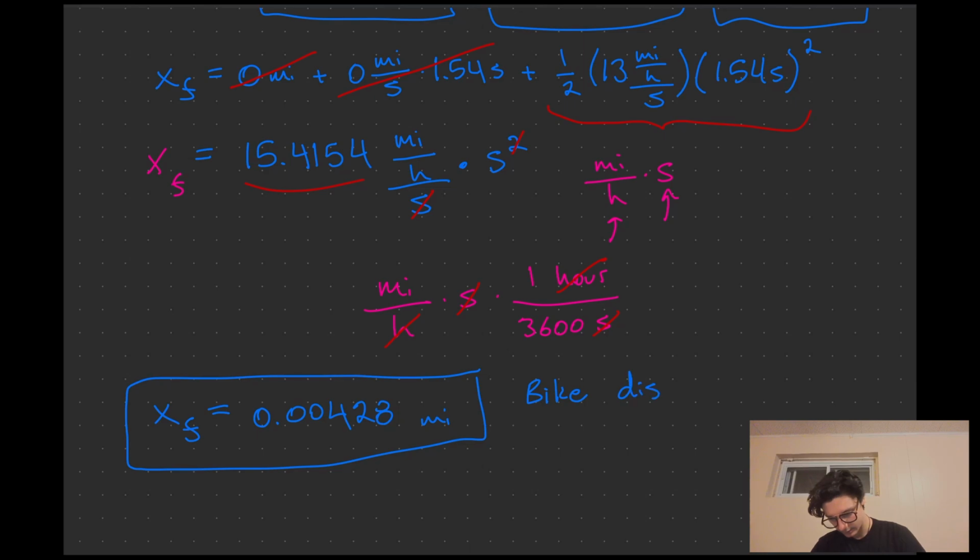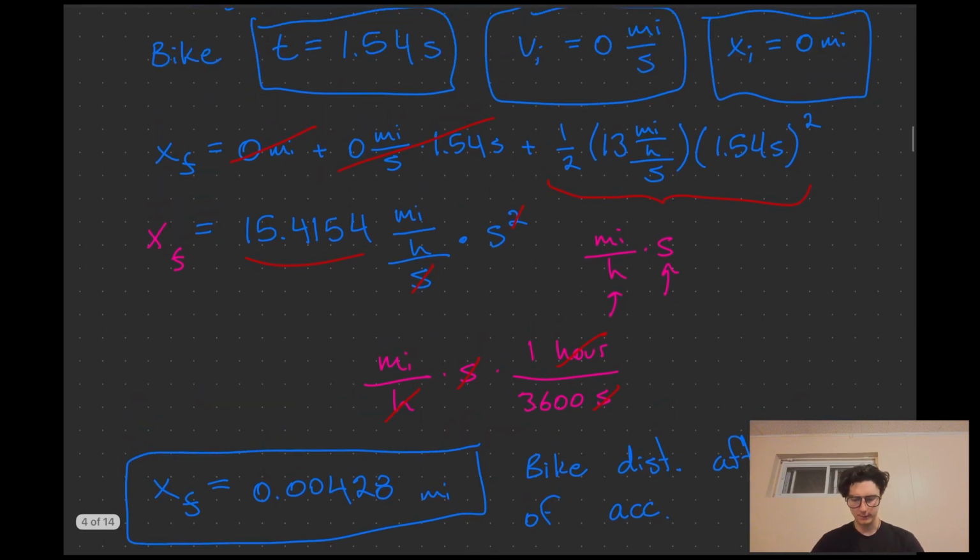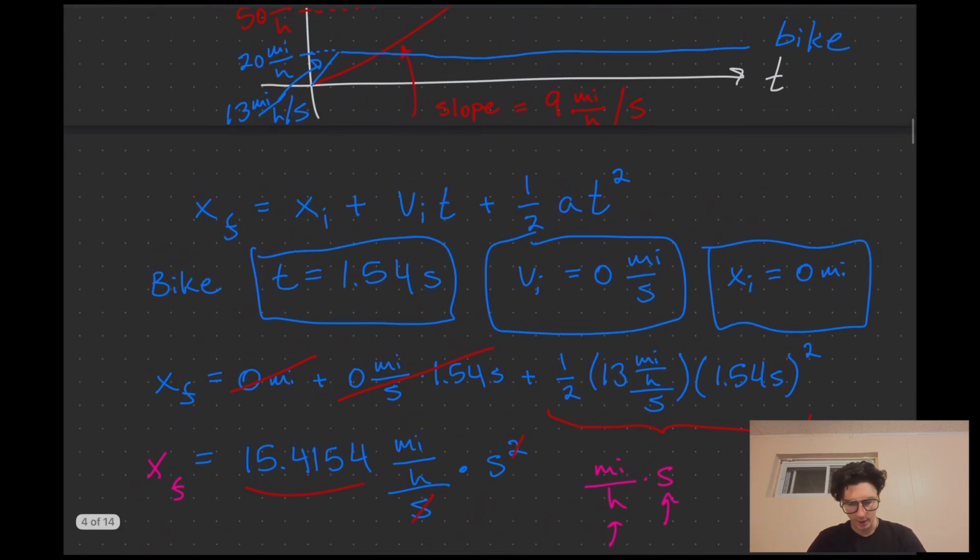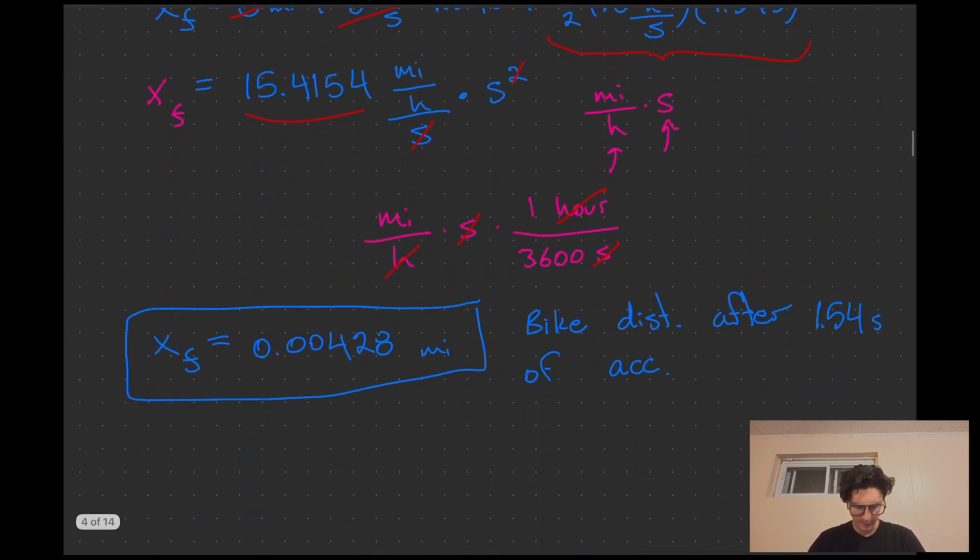Bike distance after 1.54 seconds of acceleration. After that, it coasts at a constant velocity of 20 miles per hour. Let's find the same position for the car.